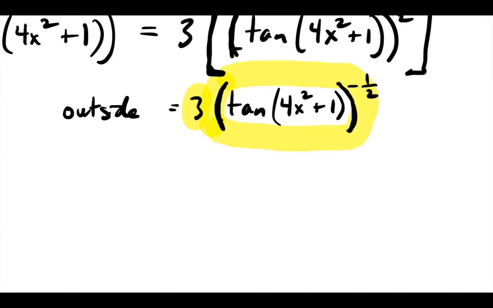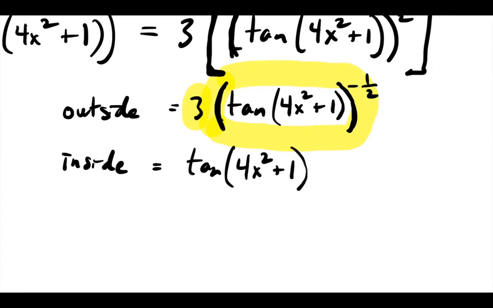Good. Okay, let's go inside one. Inside of the yellow. What's going to be inside of the yellow? Everything that's not highlighted, right? The tangent of the angle, tangent of 4x squared plus 1.